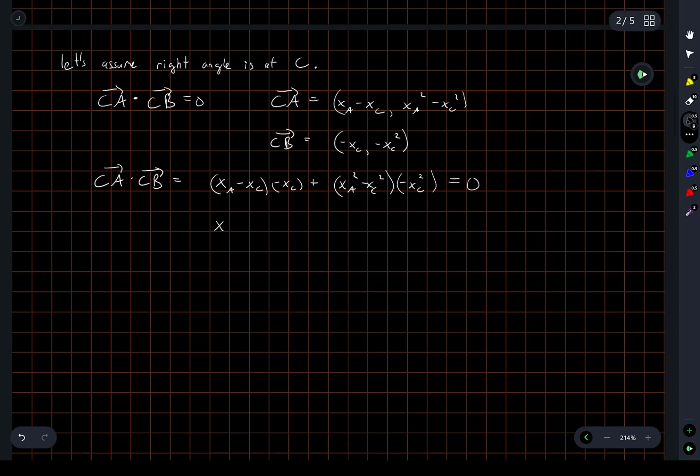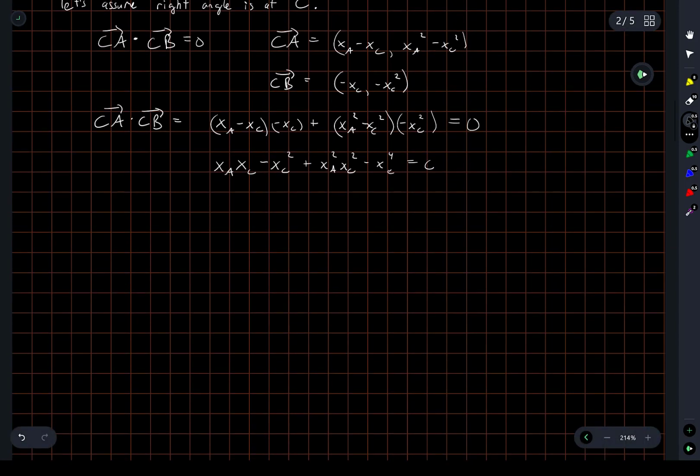So I have XA, I'll cancel out negative signs everywhere, XA XC minus XC squared plus XA squared XC squared minus XC to the 4 is equal to 0. I can cancel an XC everywhere.